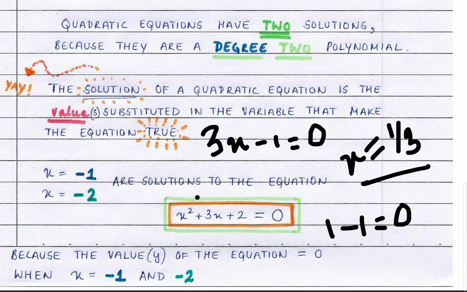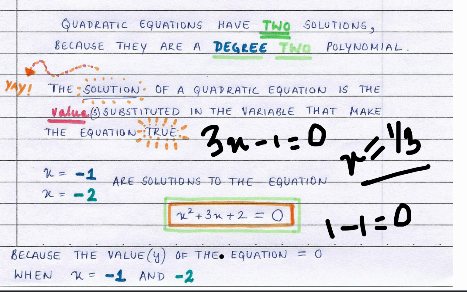So in the equation x squared plus 3x plus 2 is equal to 0, for example, we can solve it and say that the solutions are minus 1 and minus 2. This means that when we substitute x with minus 1 or x with minus 2, the value of the expression becomes equal to 0, thus satisfying the equation. We can even prove this.